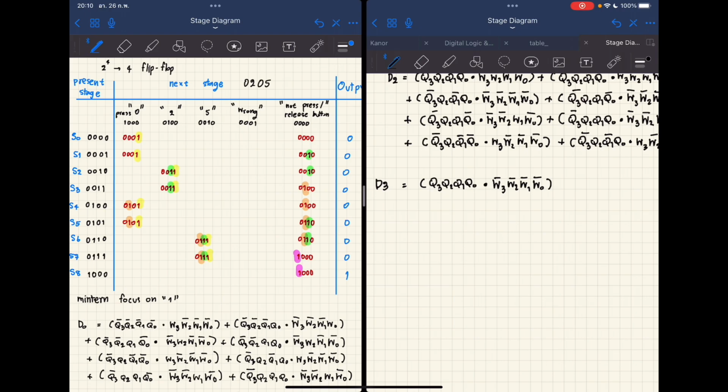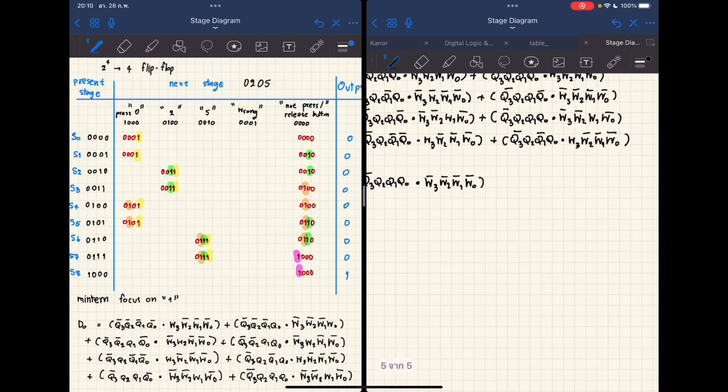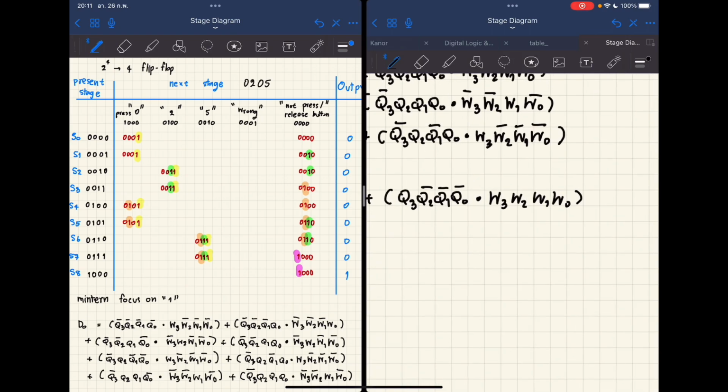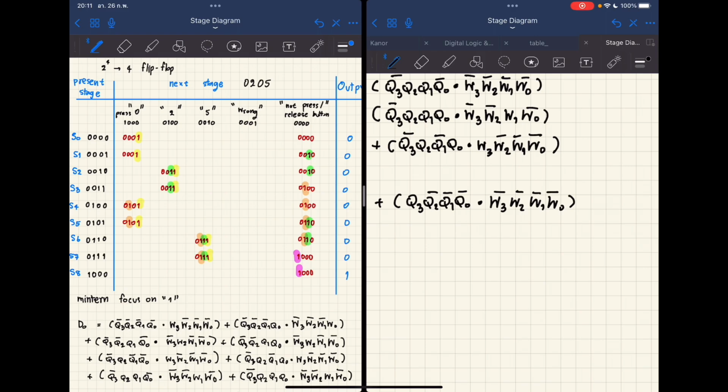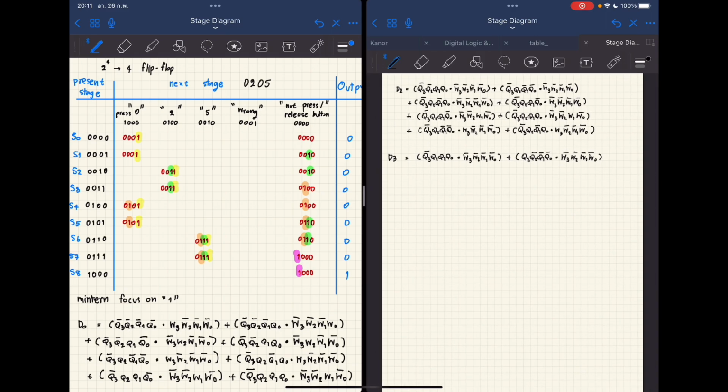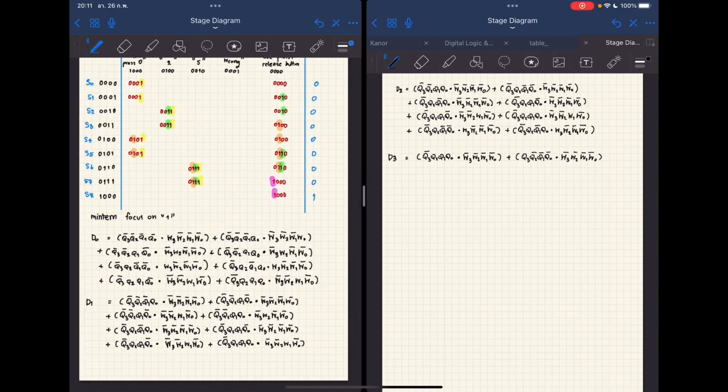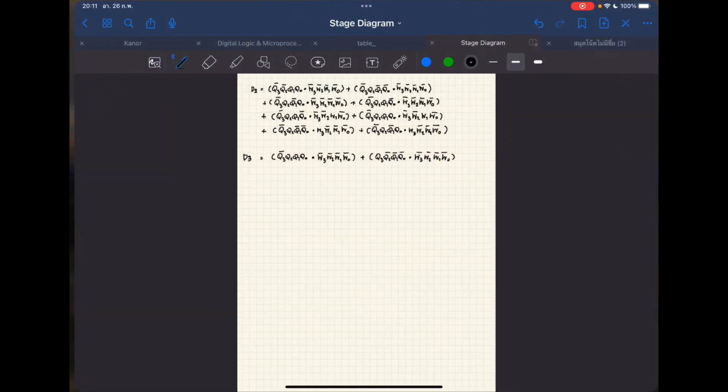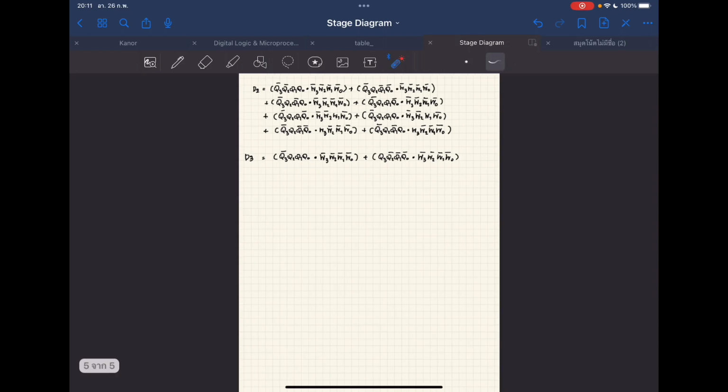Is press 0 and stage 7. Stage 8. And we not press. And this is it for the equation.